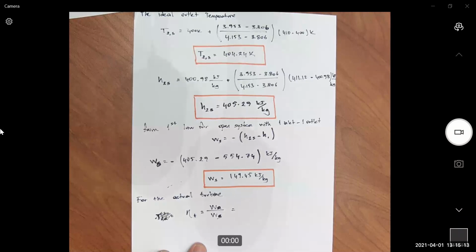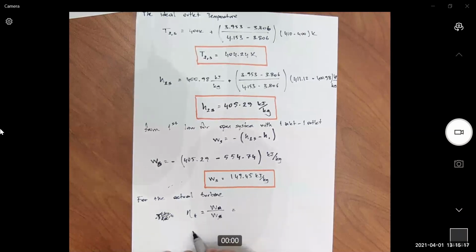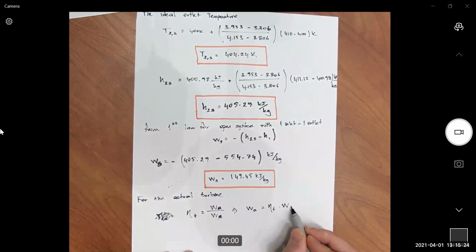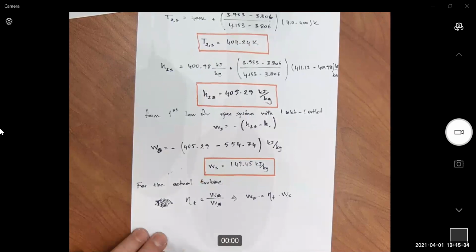So with 85%, the actual work is the thermal efficiency times the ideal work. I just calculated my ideal work, and I know my thermal efficiency, so I can find my actual work.